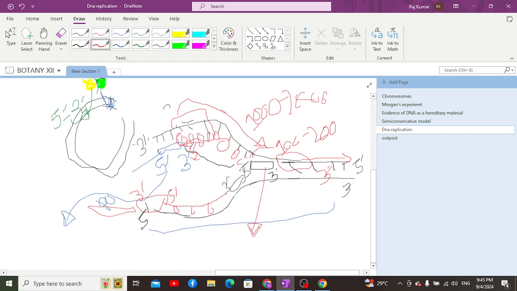But if we talk about the direction of the complementary daughter strand which runs from 3 prime to 5 prime, that strand is having a primer in its direction, due to which it creates a discontinuous strand.